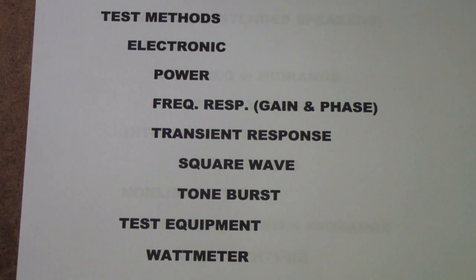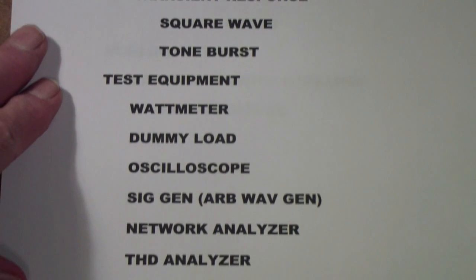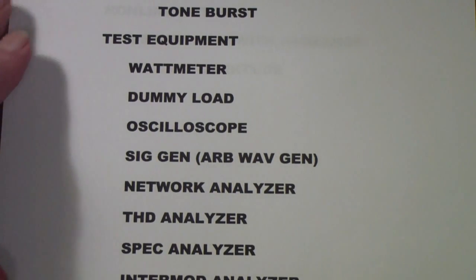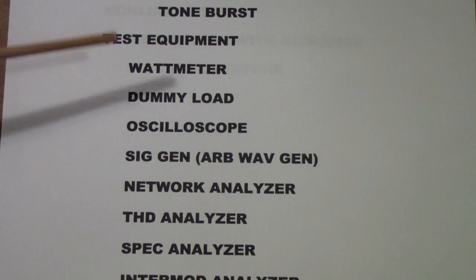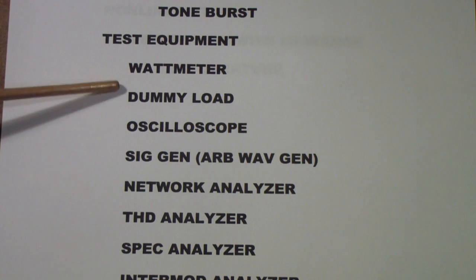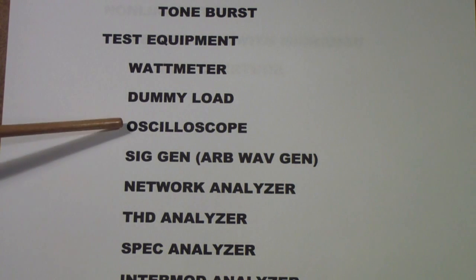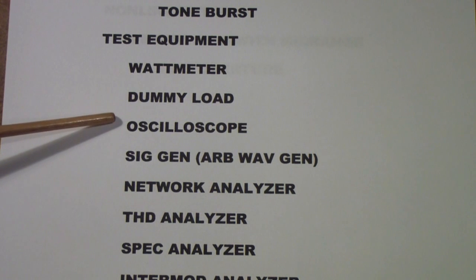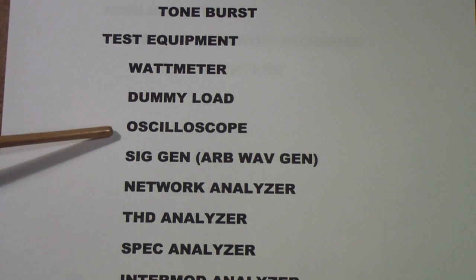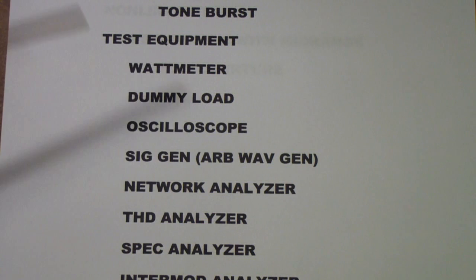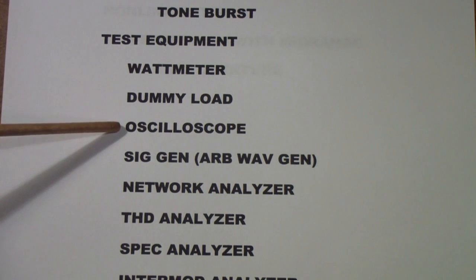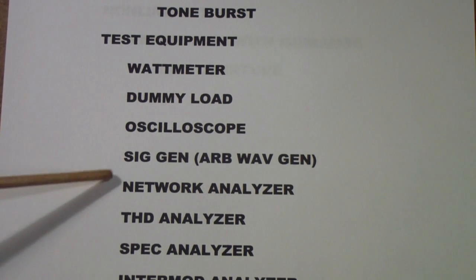The test equipment that you might consider owning for this include a watt meter, some kind of dummy load, an oscilloscope, and in some of my previous videos I used not only a conventional oscilloscope but also a USB oscilloscope like the Analog Discovery.